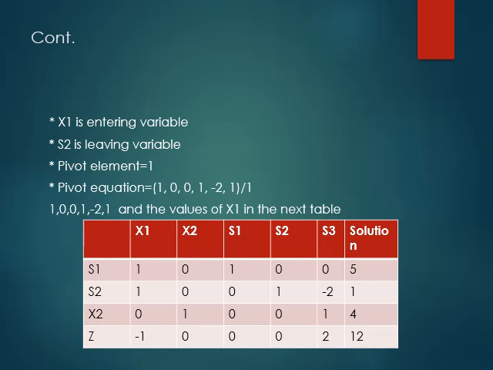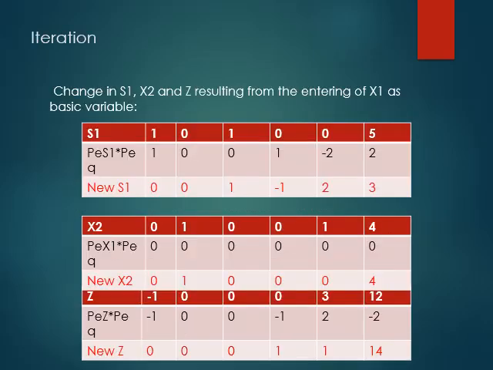We will get s1, x1, x2 and z. The entering of x1 as a basic variable will impact on s1, x2 and z.